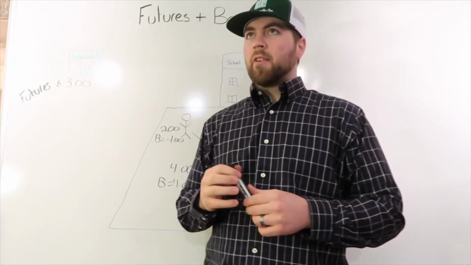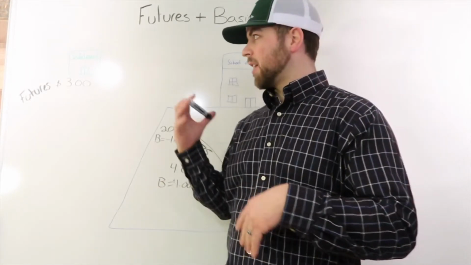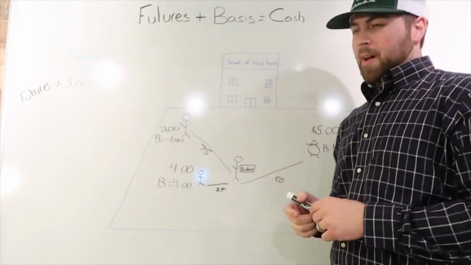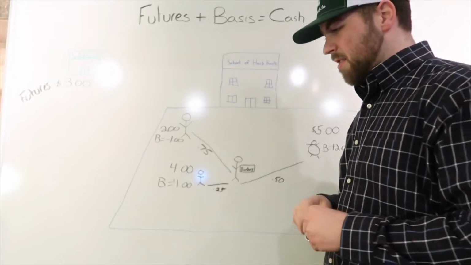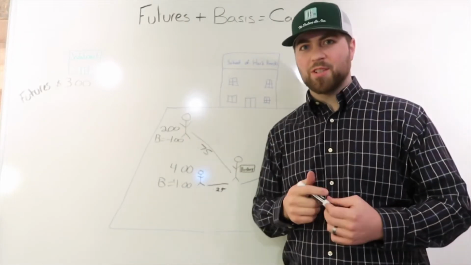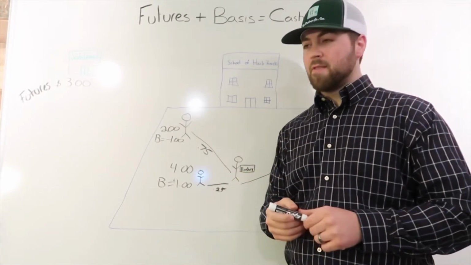It's easier said than done, but I think this might help to explain a little bit. How I like to think about it is, say you're on the schoolyard, and you've got yourself a brand new Hershey's bar, and you're looking to sell it.